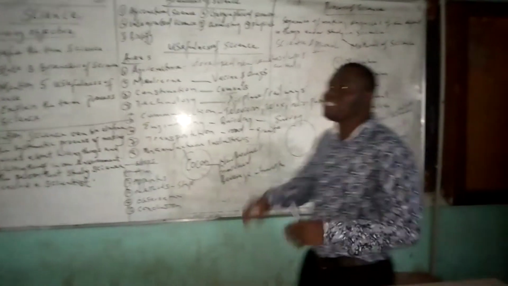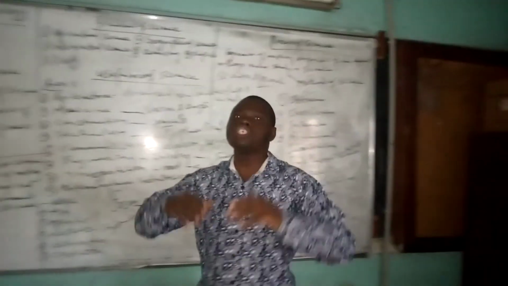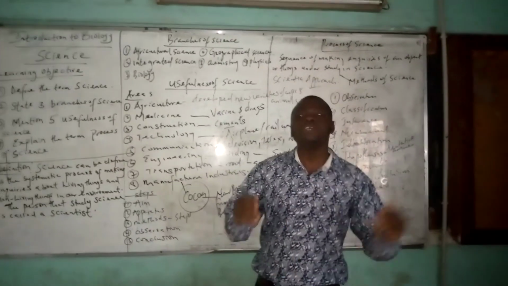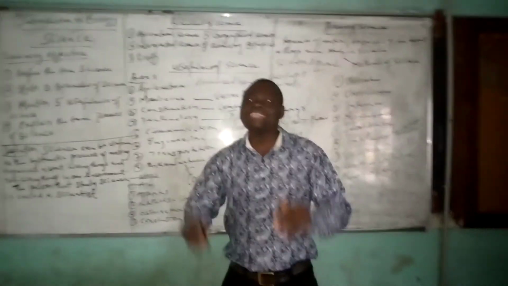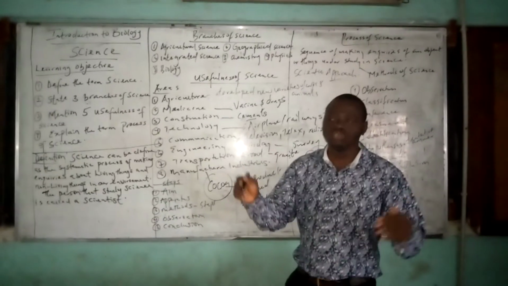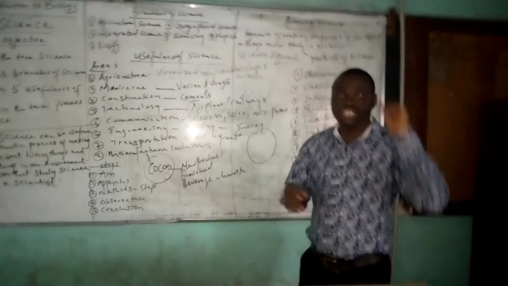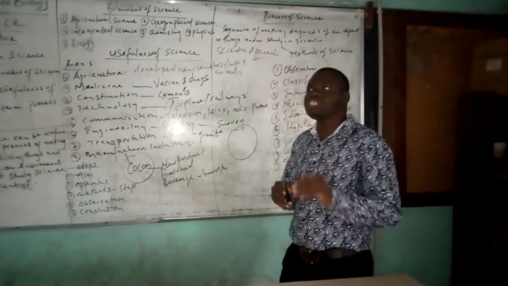Now, after the experiment has been performed on the hypothesis, if the hypothesis is true, and so many other scientists have been performing the experiment on that tentative answer, and they found that it is repeatedly true, the hypothesis will change to theory.